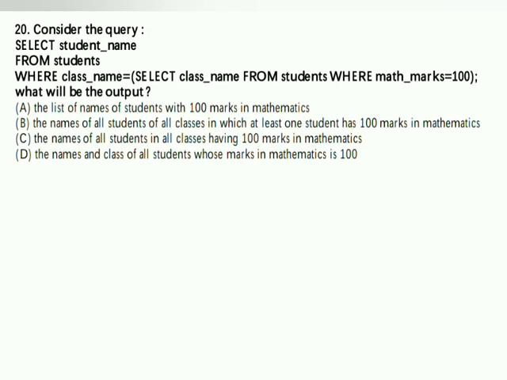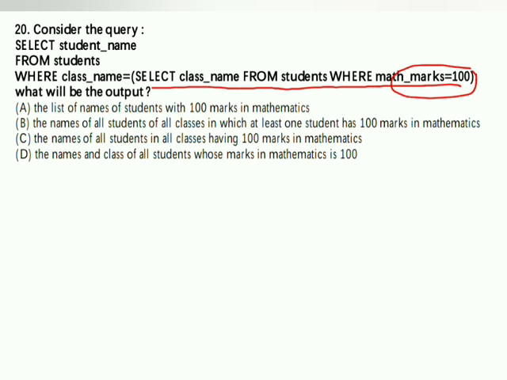Next, consider the query: select student name from students where class name equals select class name from students where math marks equals 100. What will be the output for the given query? Here the inner query will retrieve the names of the classes in which at least one student has 100 marks in mathematics.